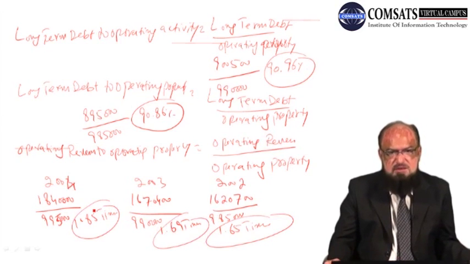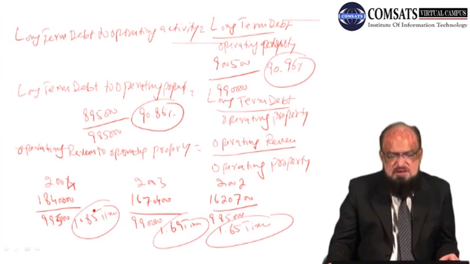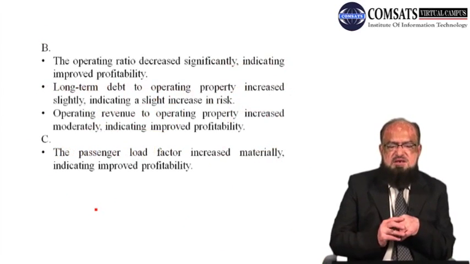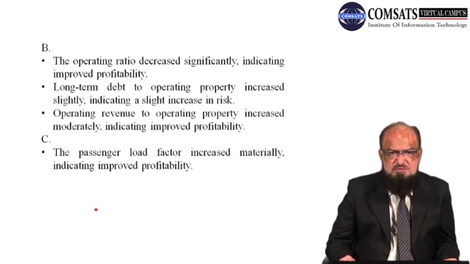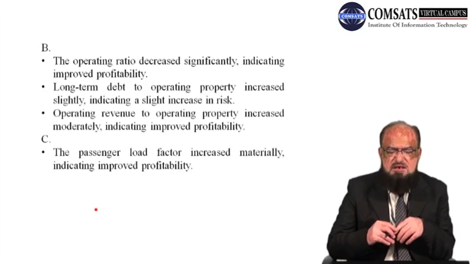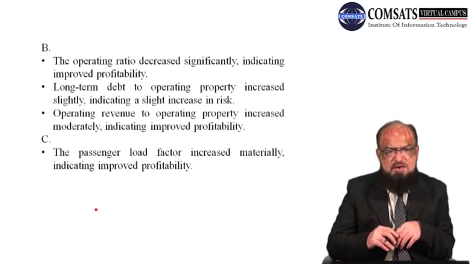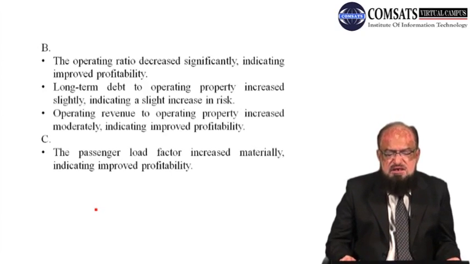So dear students, this is our simple calculation. Now we will discuss the results. The operating ratio decreased significantly, as you can see in the calculation, indicating improved profitability of the transportation business. Long-term debt to operating property increased slightly, indicating a slight increase in risk, and operating revenue to operating property increased moderately, indicating improved profitability.